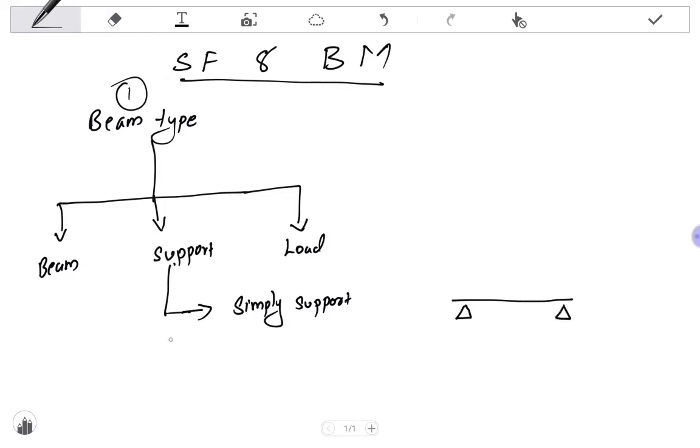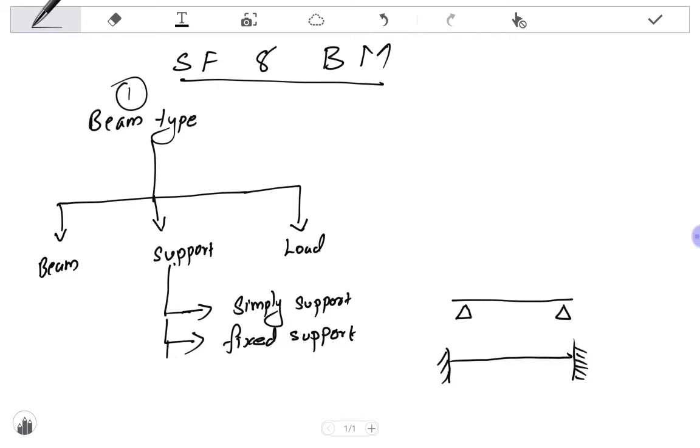Another one is fixed support. In fixed support, the beam is permanently fixed to a structure on both ends.